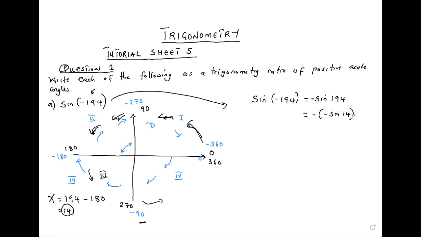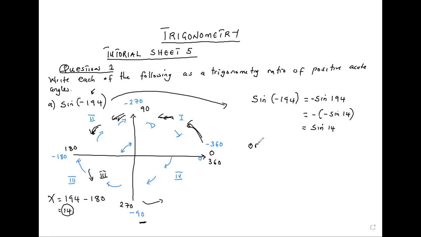Meaning we have used an angle from the first quadrant when we are having an angle from the third quadrant. So to take care of that shift, you put a negative there. So that negative times negative, we get positive sine 14. This is one way.